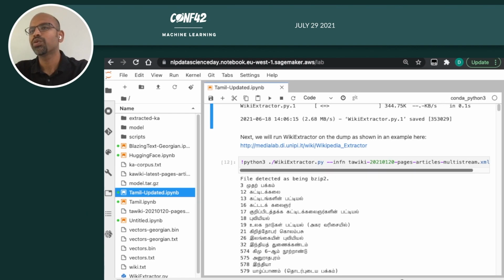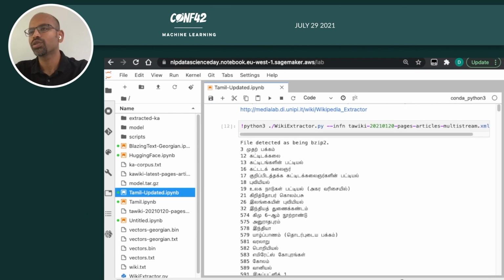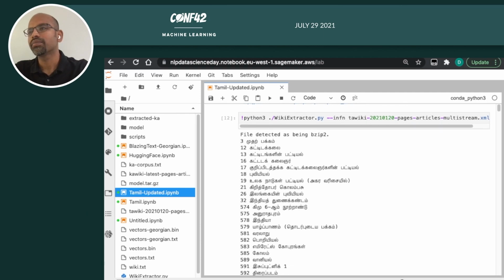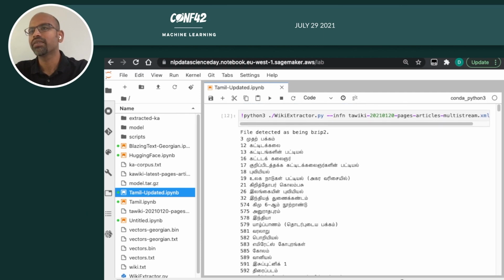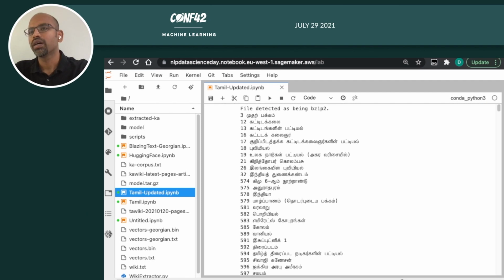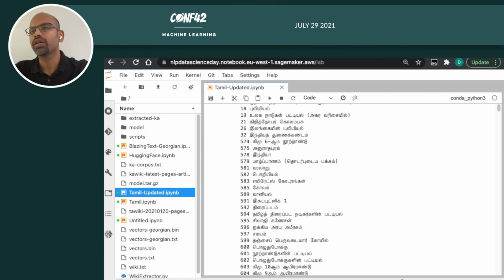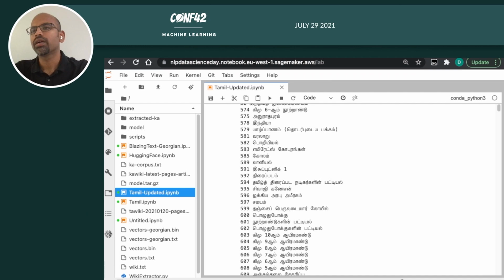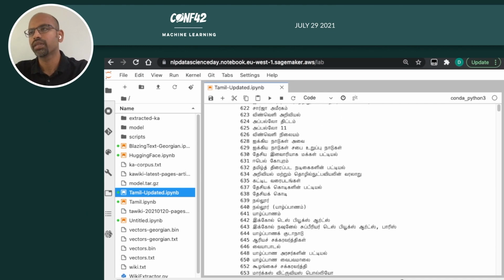What this extractor does is cleanse the data and make it easy for us to do the machine learning model training. As you see, it has picked up that file, and it has given us the list of words that we could pass in for our training stage. So we have all these Tamil words: Mudar Pakkam, Kattidakkalai, Kattidangalin Pattiyal, Puviyil, Varalaru Poriyil. These are all Tamil words that it has picked up from the dump.